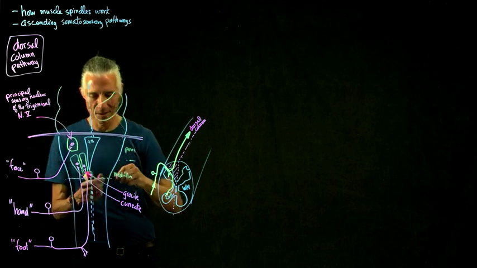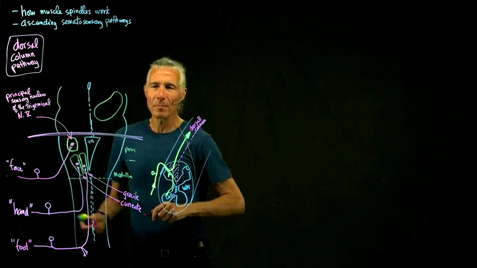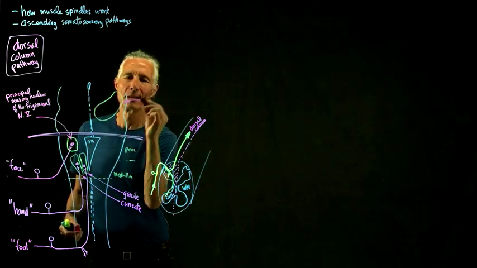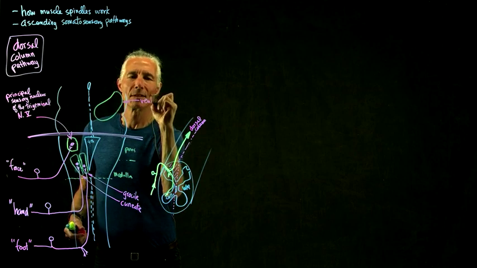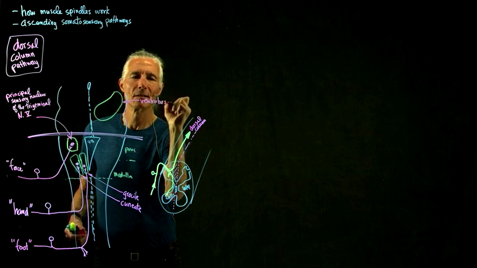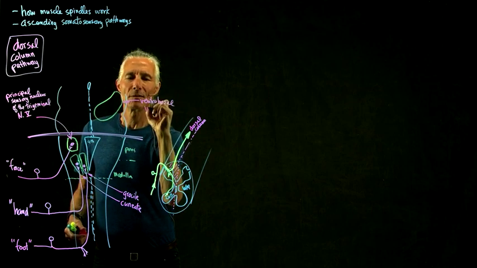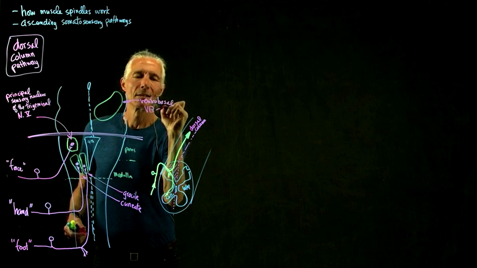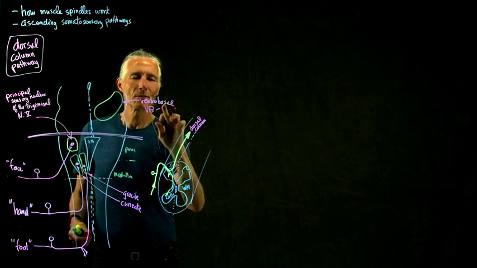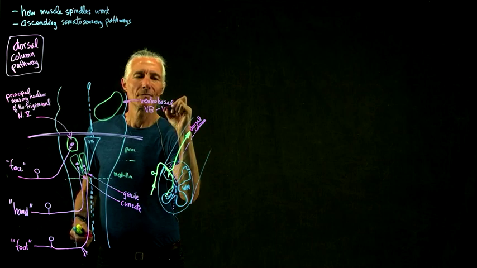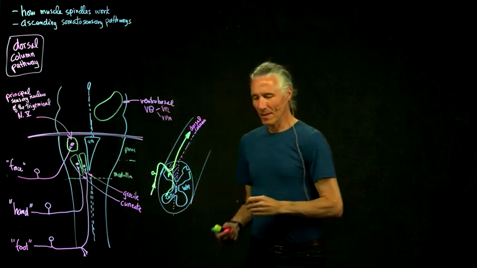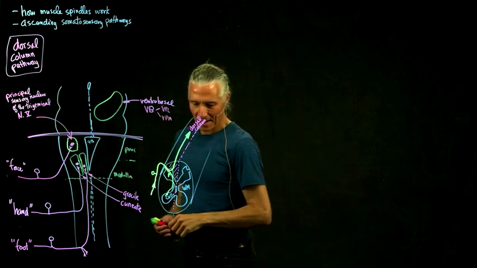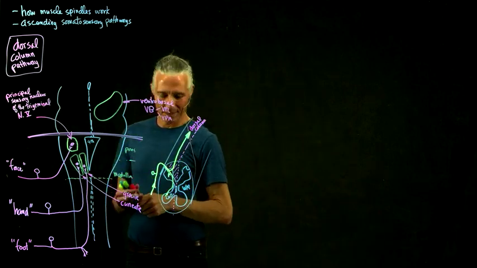So this guy is called the ventral basal, or VB, and it's got two parts to it: the ventral posterior lateral and ventral posterior medial. But we just call it ventral basal.